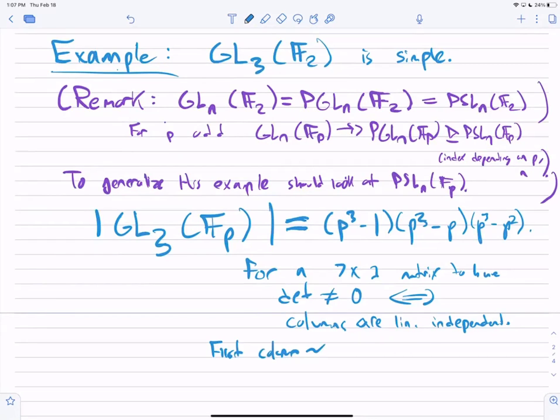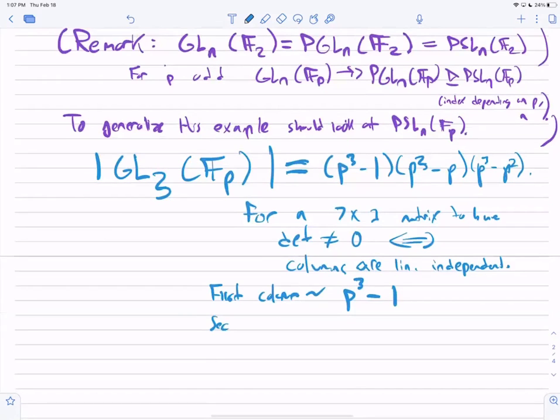So your only restriction is you can't pick the 0 vector. So you get p cubed choices, which is all possible column vectors in F_p. Because there are three entries in your column vector, and each of those has p choices, you get p cubed. But you have to exclude one of those choices, because if you chose 0 for every entry, that would be the 0 vector, and there's no way that's going to be part of a linearly independent set.